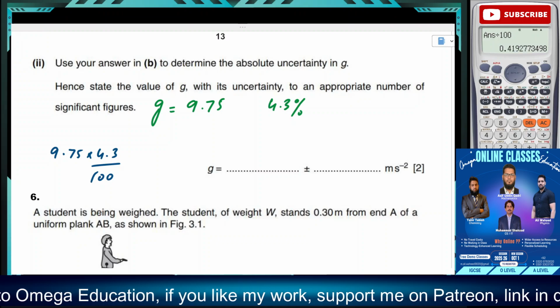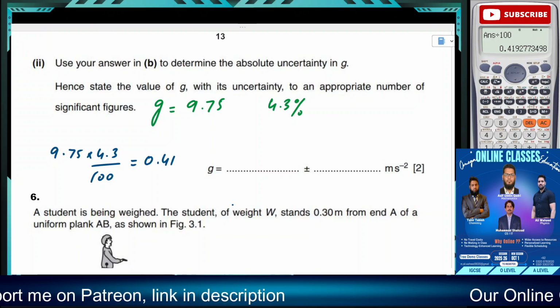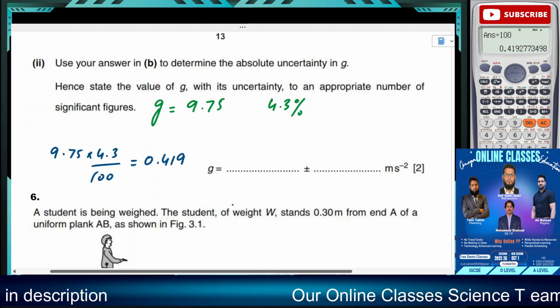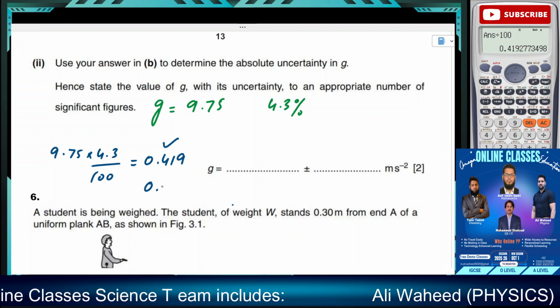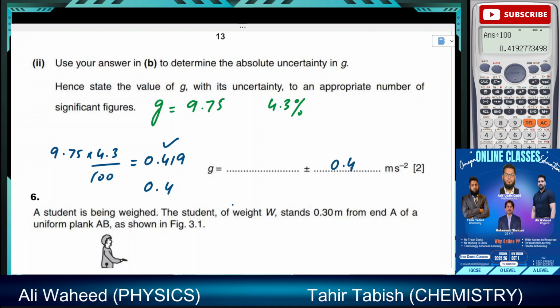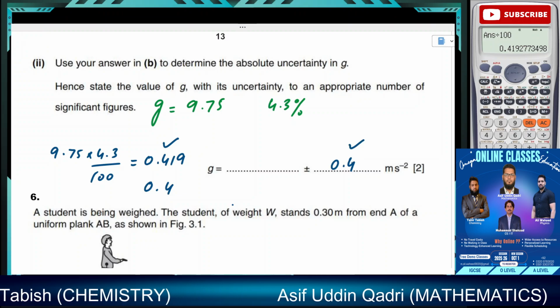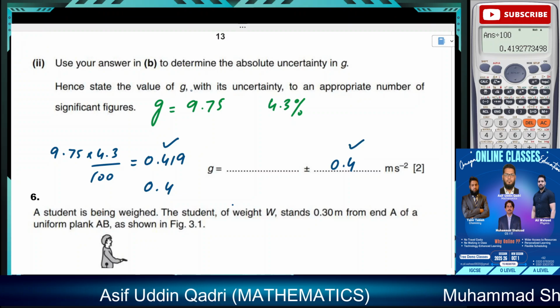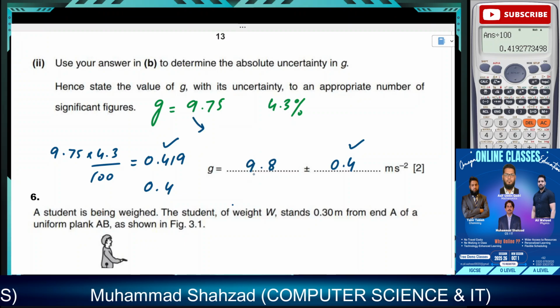We get 0.412. Sorry, 0.419. But this one has to be to 1 SF. So in 1 SF, it would be 0.4. Now after we convert it into 1 SF, how many DPs do we have? 1 DP. So the principal value should be written to 1 DP as well, 9.8.